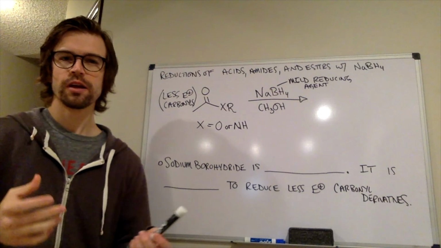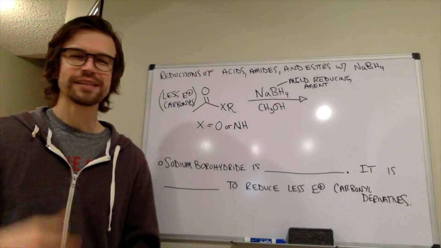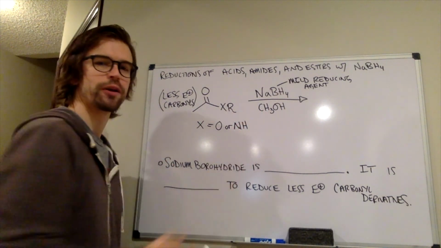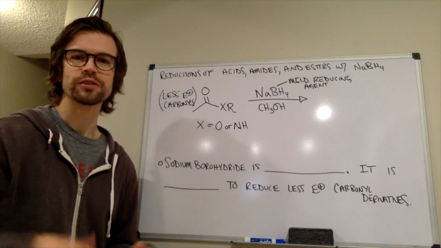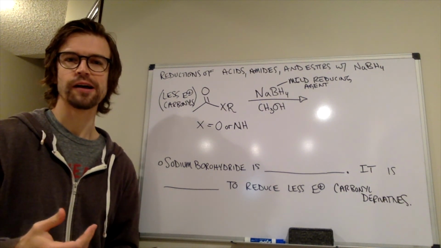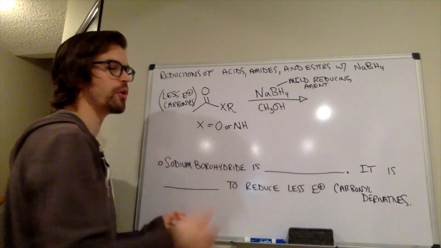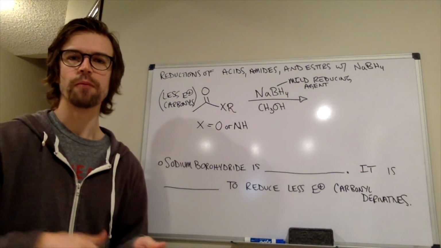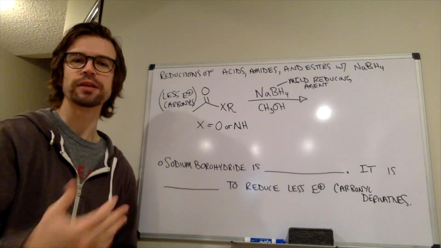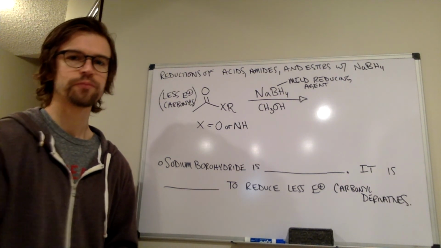The real importance of that last time was that we could essentially use these protic solvents like methanol when we were using sodium borohydride, because it's not nucleophilic enough, it's not basic enough to just deprotonate the solvent. But it has greater implications than just that.